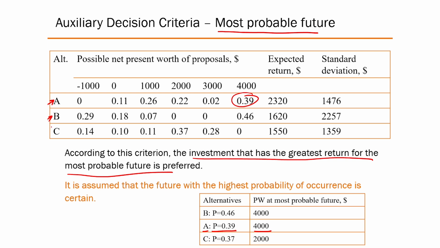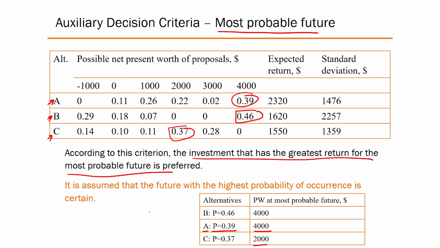With B, what is the most probable future? $4,000 with a probability of 46%. And with C, what is the most probable future? $2,000. So between A and B, which is preferred according to this? B, because it has a 46% chance, which is 7% higher compared to A, right?